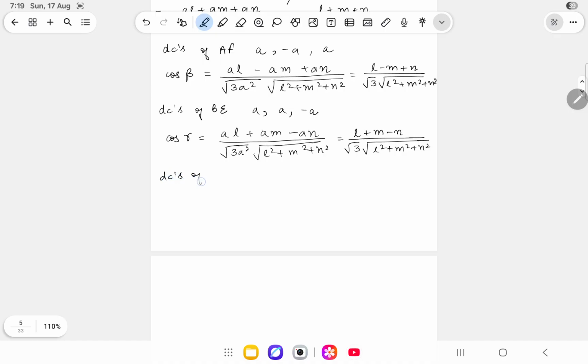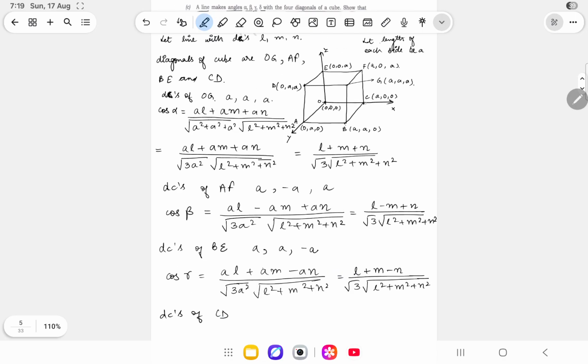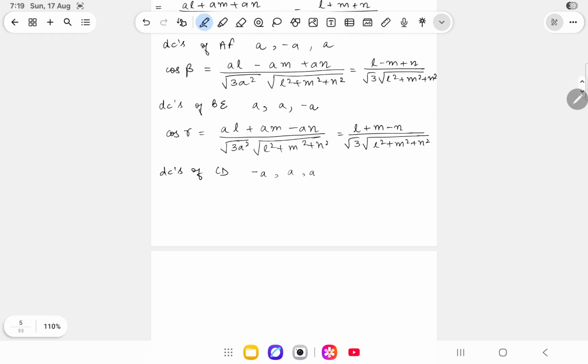Likewise, the direction ratios of CD. This point is my C and this one is D. So the direction ratios of CD are 0 minus A as minus A, A minus 0 as A, and A minus 0 as A. If delta is the angle the line makes with diagonal CD, we get cos delta as minus LA plus MA plus NA upon under root 3A square under root L square plus M square plus N square.